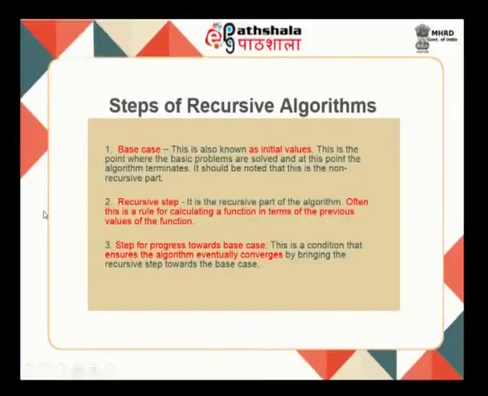Fine. In any recursive algorithm, these three steps should be present. Number one is the base case. Base case is nothing but the initial value, so this is where we have to initialize the variables. Then you have the recursive step.